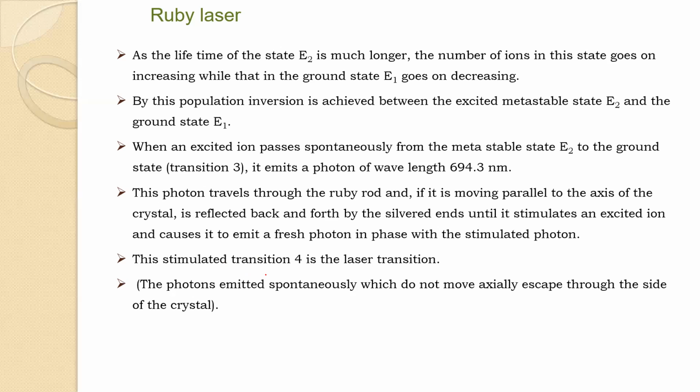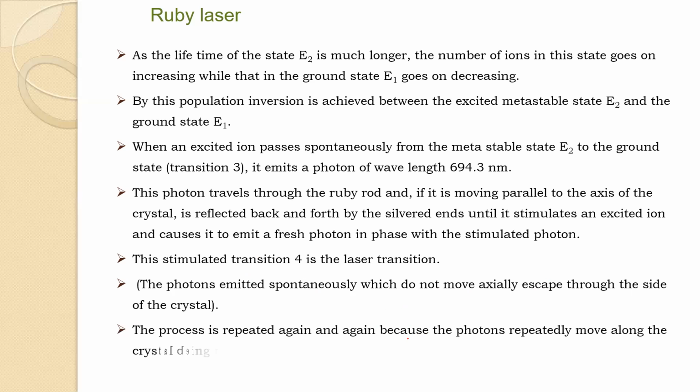If a photon emitted spontaneously does not move axially, it will escape through the sides of the crystal. The process is repeated again and again, because the photon repeatedly moves along the crystal, being reflected from its ends.